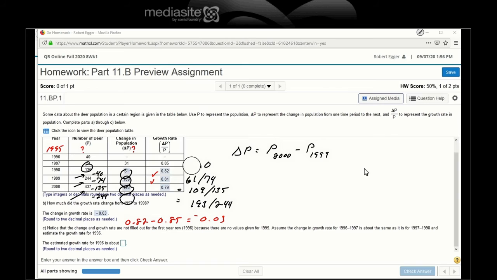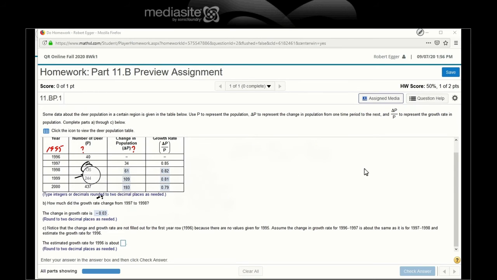So, let me clear up some mess here. This was minus 0.03. They're saying let this also be minus 0.03. So if I take 0.82 and add 0.03, I get 0.85.